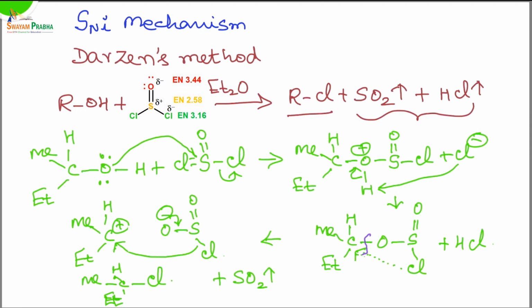And here what we see is, in the starting material, from whichever direction the alcohol group is lost, the halogen is also coming from the same side. The loss of the hydroxy group and the attack of the chlorine both happen from the same side. So in this particular case, the product we get shows retention of configuration.